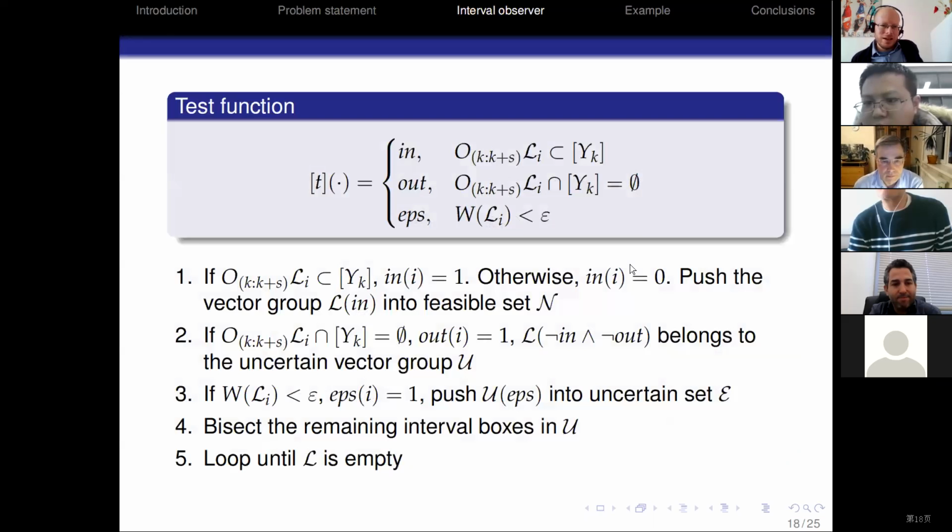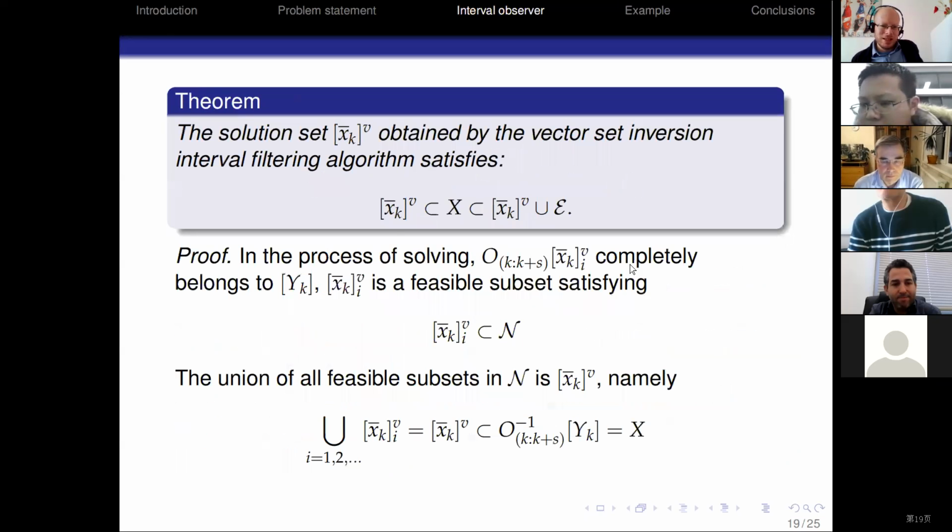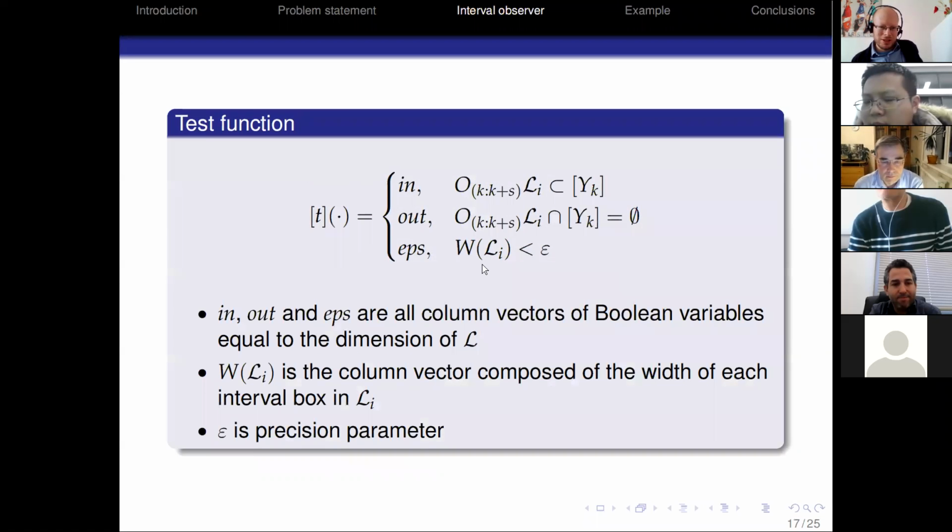Currently, you say that all of the boxes that possibly contain solutions just get the label epsilon. I think this doesn't prefer boxes that have a large amount of overlap, in contrast to those that have very little overlap.